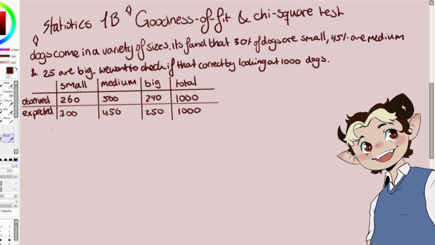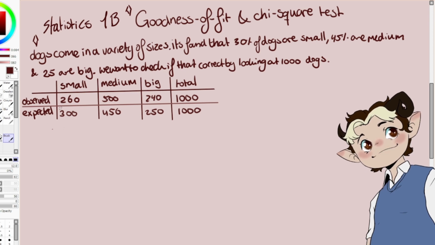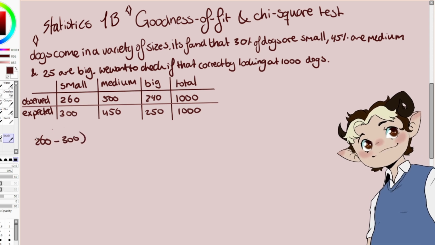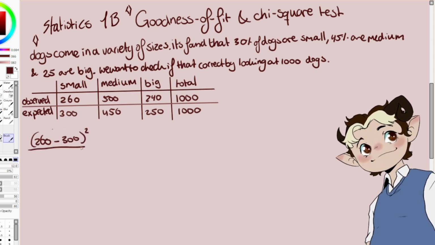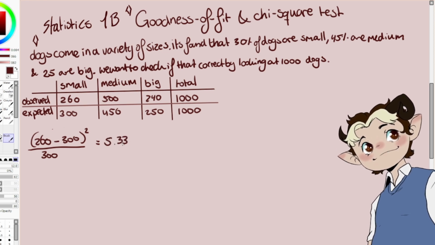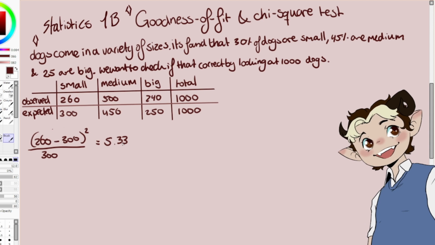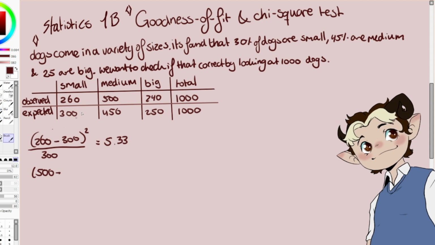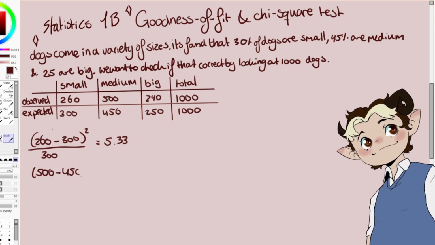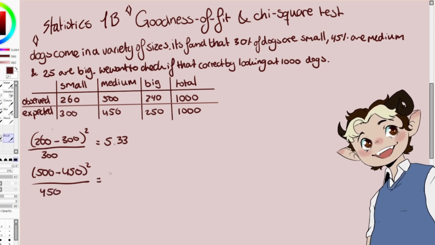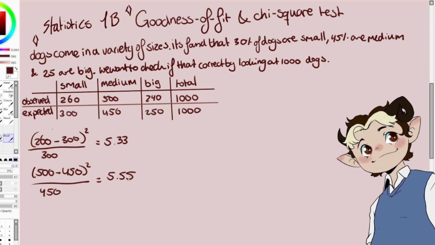So let's calculate our chi's. For the small dogs, we observed 260 minus 300, and we square that, and we divide it by our expected 300, which is 5.33. Perfect. Now let's move on to the medium dogs, where we observed 500 whilst we expected 450. Square that, divided by 450, is 5.55.